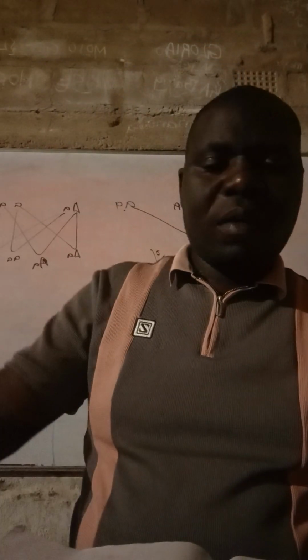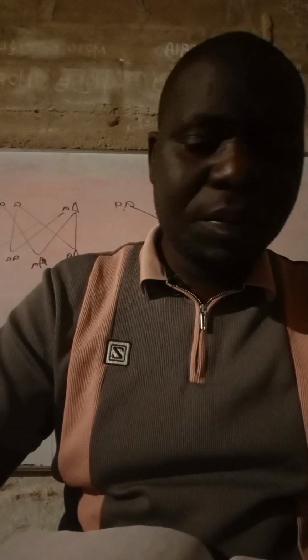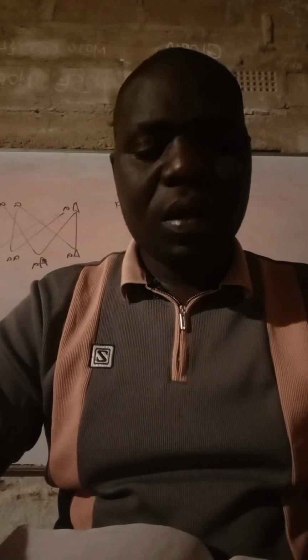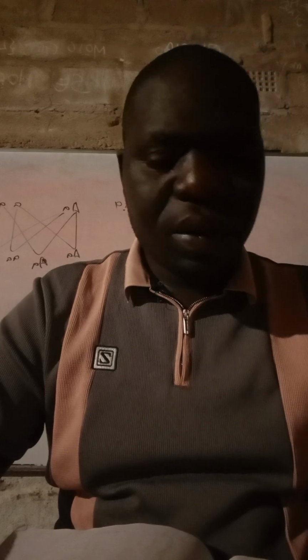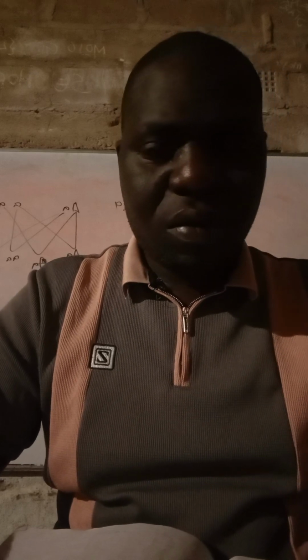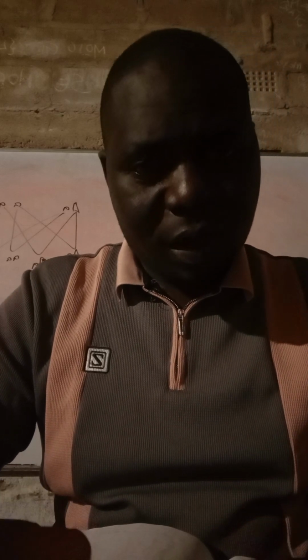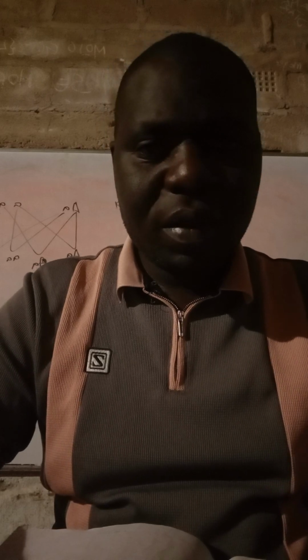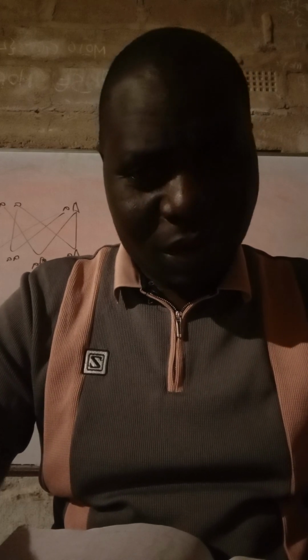The types of immunity, for example, we have natural active immunity, artificial active immunity, natural passive immunity, artificial passive immunity, etc. So just be able to understand them, what immunity is, and also the types of immunity, and if possible, give examples.